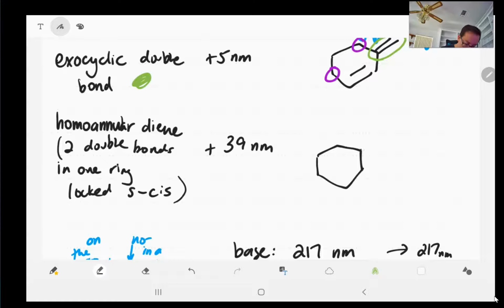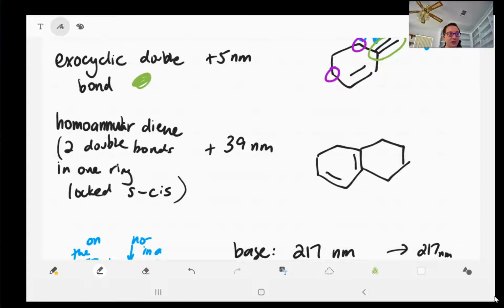And we're looking at this. We're looking at a pair of double bonds that are located within one ring, and they are locked in an S-cis conformation. So we see here in this cyclohexadiene with the extra cyclohexane on it, we've got the 2 double bonds stuck in a ring, locked therefore in S-cis.